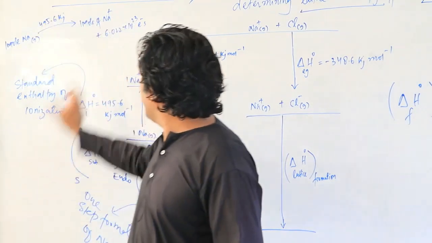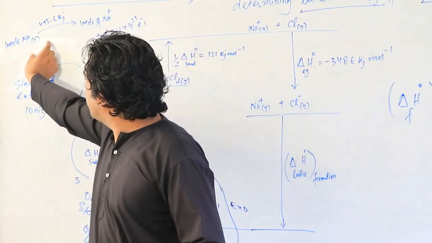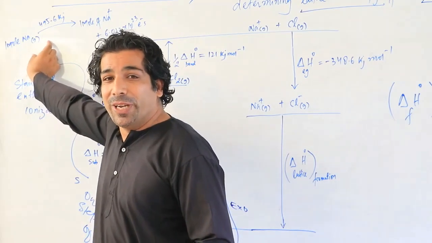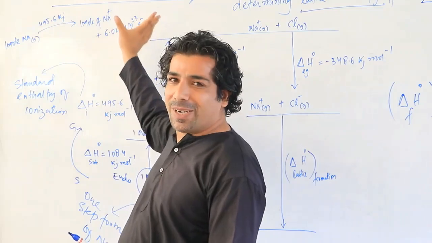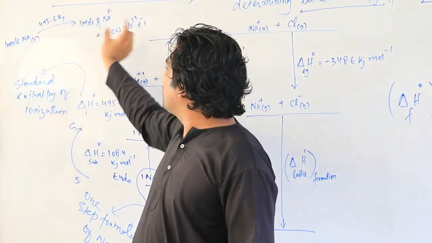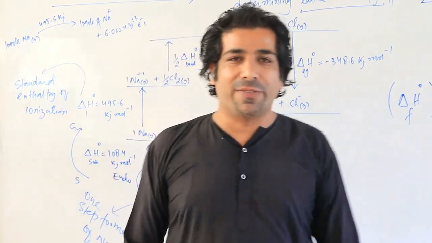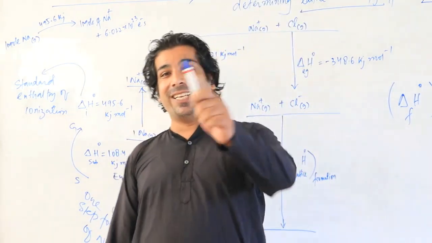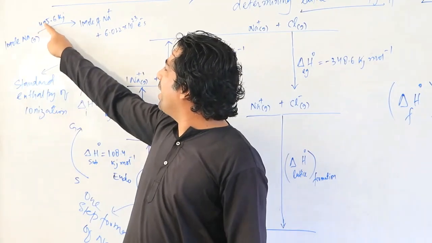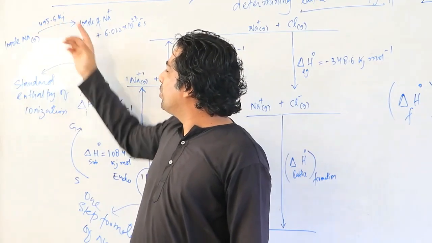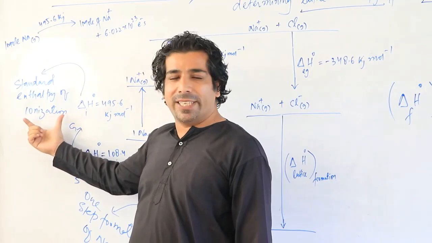Yes? If you write down this term here, it will become minus, like this. That means you are removing. If you take this molar term this side, it will become plus. So how many electrons you have removed from the sodium gas? 1 mole of electrons, my dear friends. And how much of energy is required? 495.6 kilojoules. So what is the standard enthalpy of ionization?